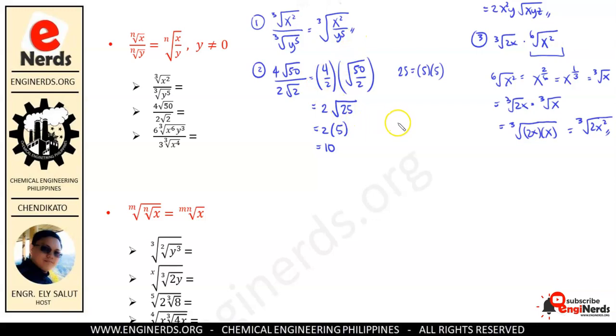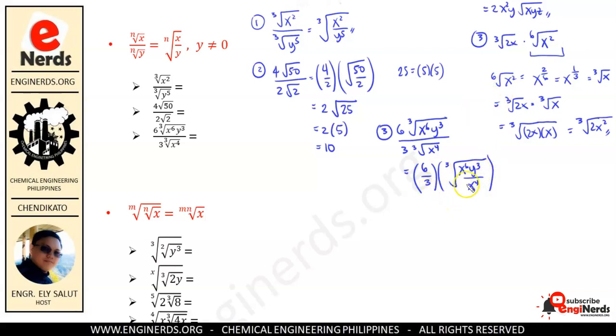Now problem number 3, we have here 6 times the cube root of x to the 6 y cube over 3 cube root of x to the 4th. So again, we'll write it this way, no? 6 over 3 times the cube root of x to the 6 y cube over x to the 4th.